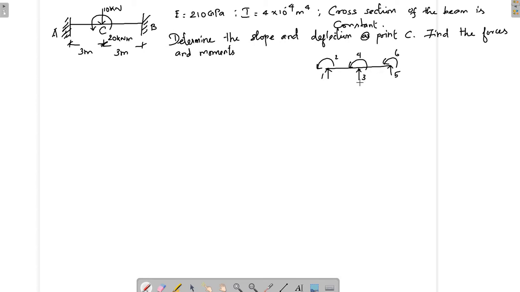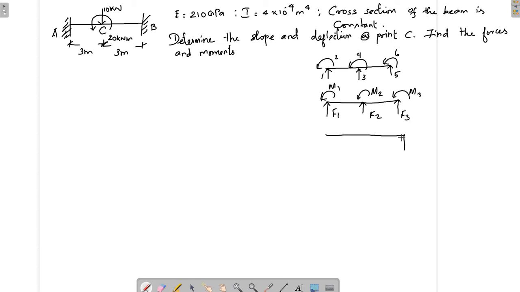So these are our nodal numbering. In which the forces acting can be defined as F1, F2 and F3, and the moments M1, M2, M3.